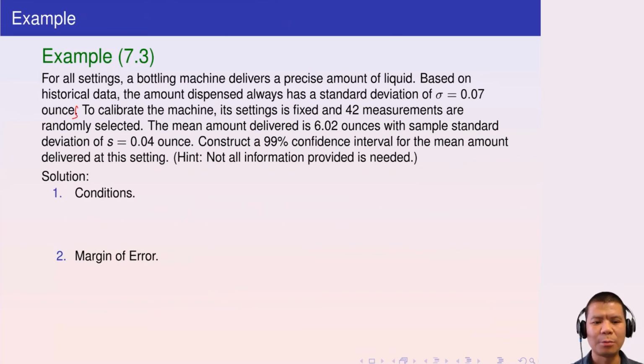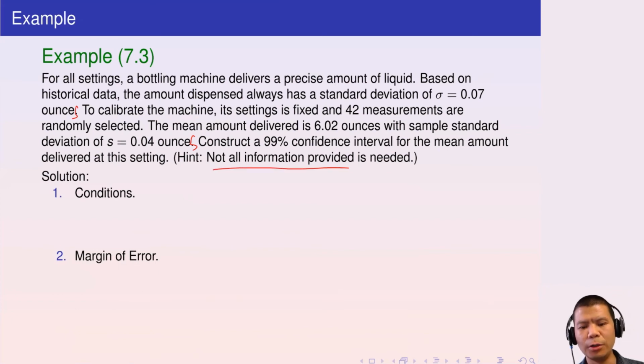To calibrate the machine, the setting is fixed and 42 measurements are randomly selected. The mean amount delivered is 6.2 ounces with the sample standard deviation s equals 0.04 ounces. Construct a 99% confidence interval for the mean amount delivered at this setting.